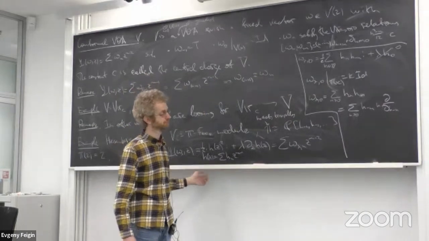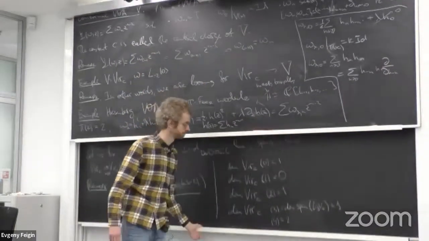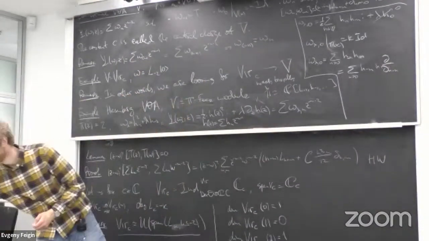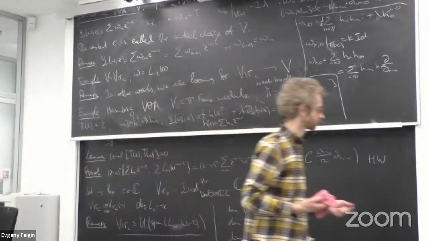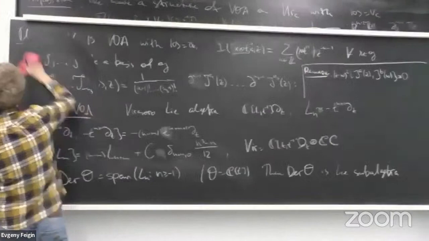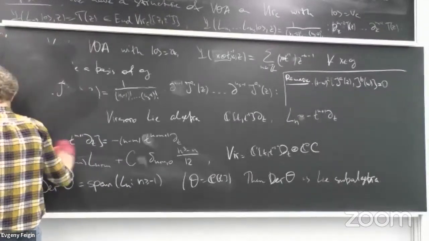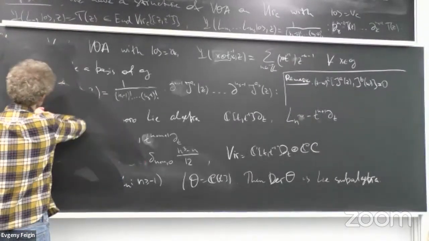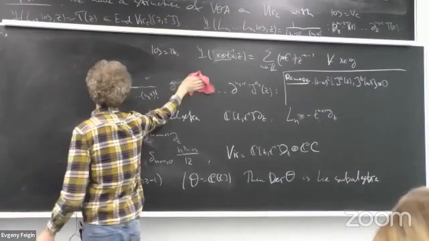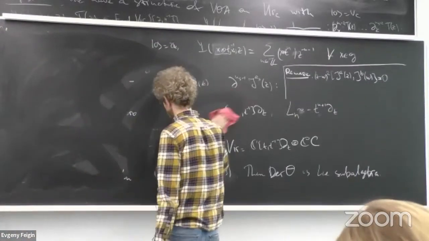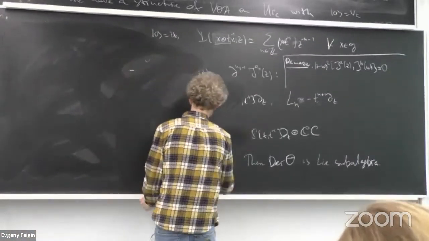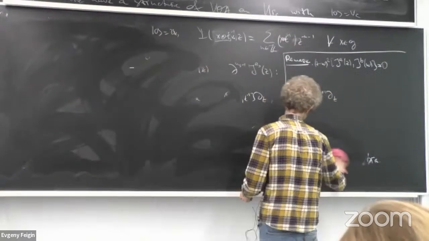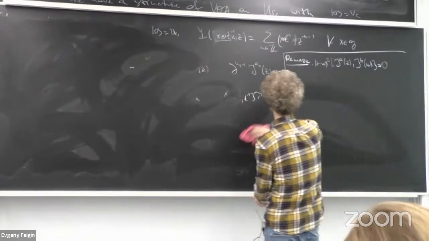Okay. So I think that all omega is well connected with conformal vectors. Yes, yes, yes. That's right.